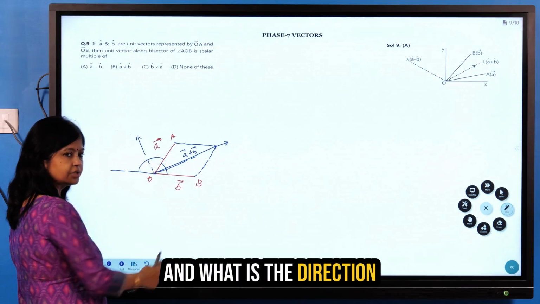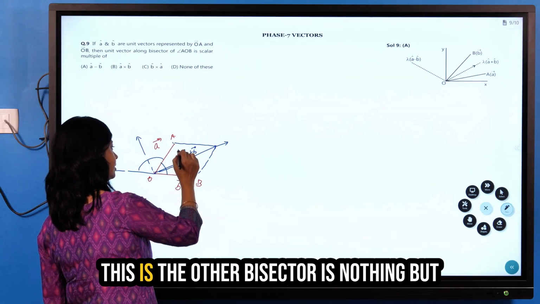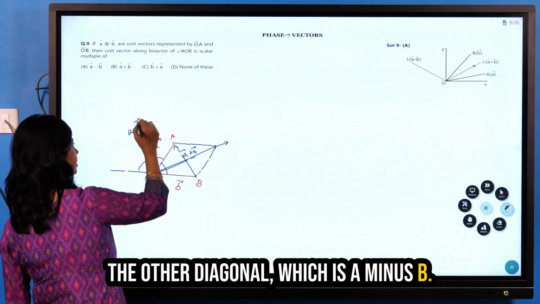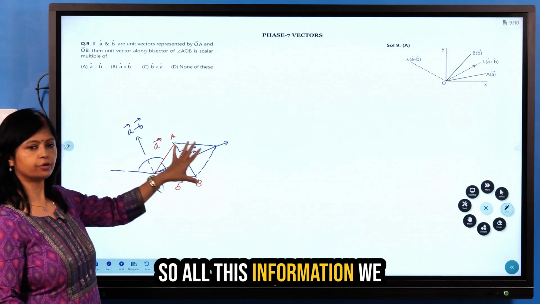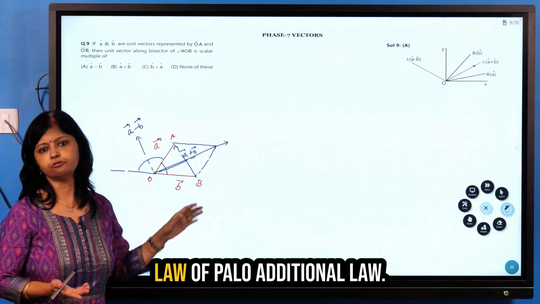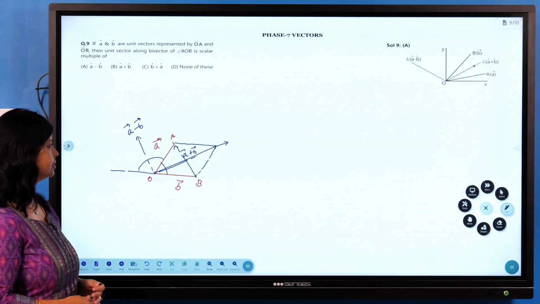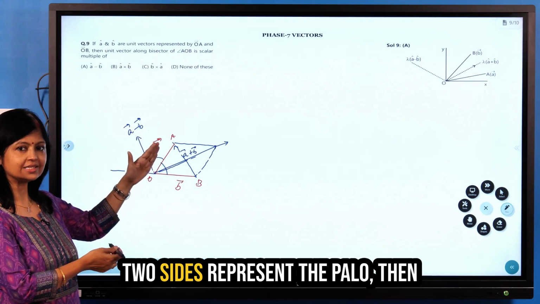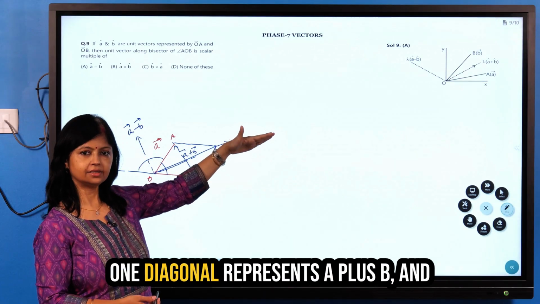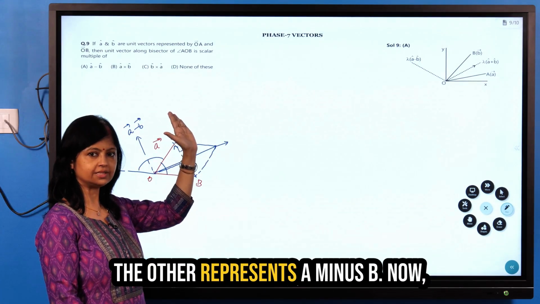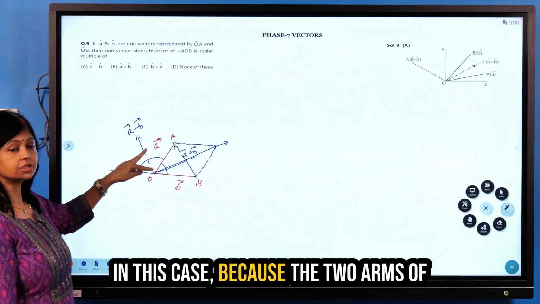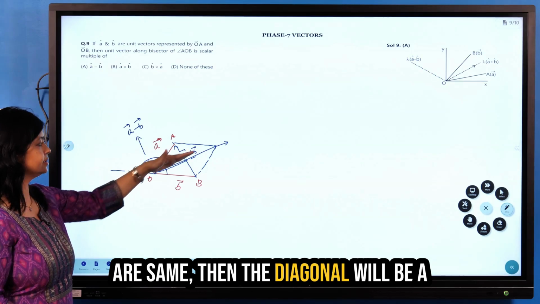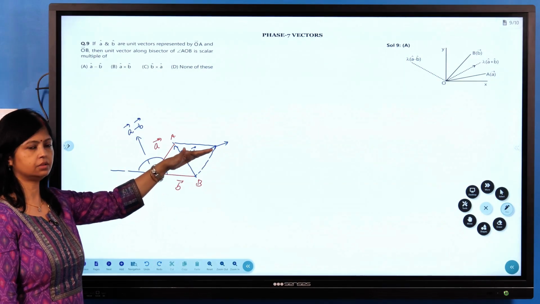And what is the direction of the other diagonal? This is the other bisector. It is nothing but the other diagonal, which is A minus B. We already know from the parallelogram law of vector addition that if two sides represent the parallelogram, then one diagonal represents A plus B and the other represents A minus B. Now, in this case, because the two sides of the parallelogram are the same, the diagonal will be an angular bisector as well.